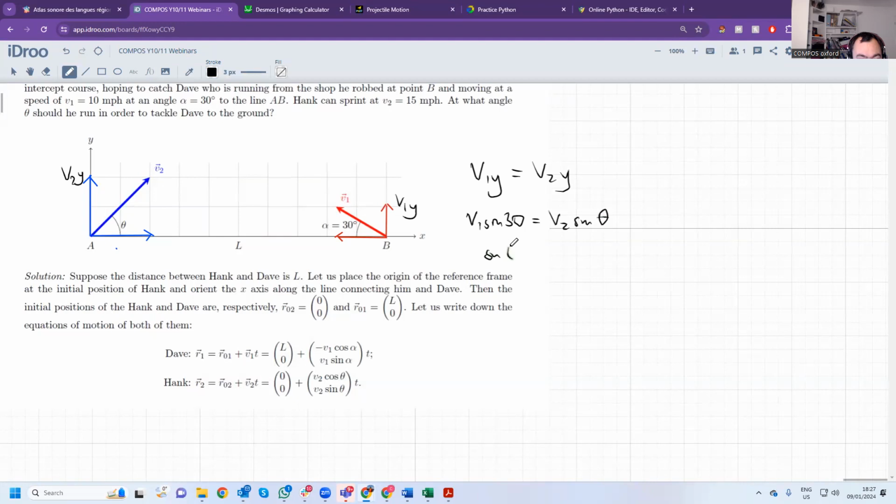And sine theta is V1, which is 10 multiplied by sine 30 divided by 15.